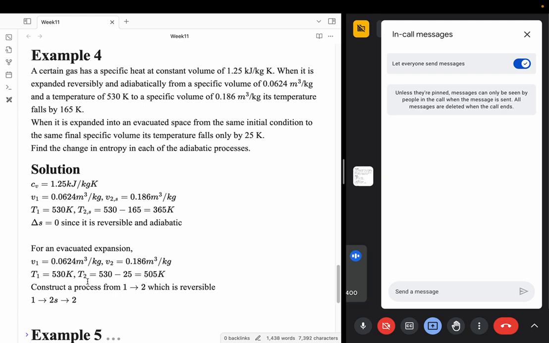So basically the process is from 1 to 2, and I'm splitting it into an intermediate step. Yeah, 2s to 2 is a constant volume process. 1 to 2s is your isentropic expansion. So basically, it will be isentropic expansion followed by constant volume.